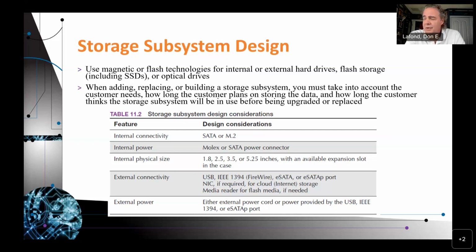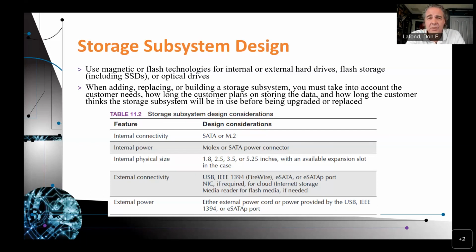NIC for your connection, your speed, well, you might have an RJ45 Ethernet cable connecting your external storage to your router, your switch, or the back of your computer, possibly.